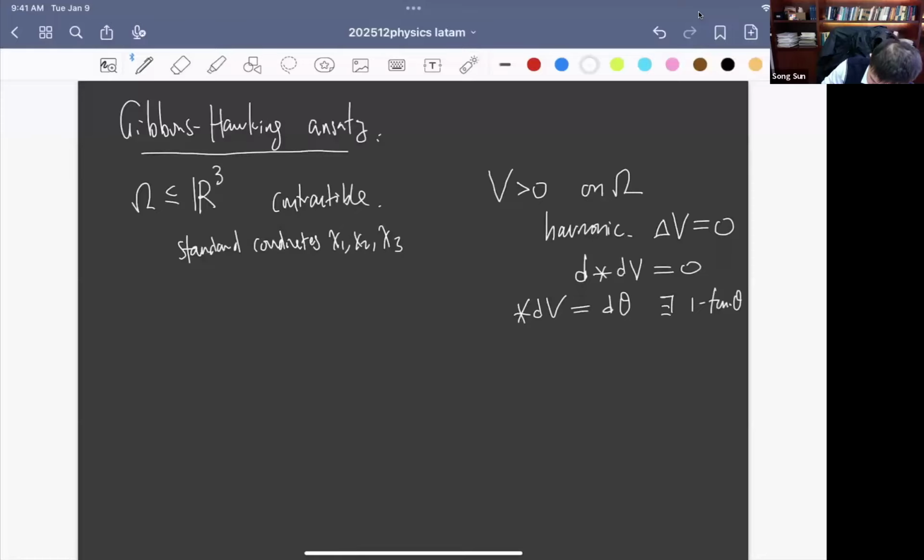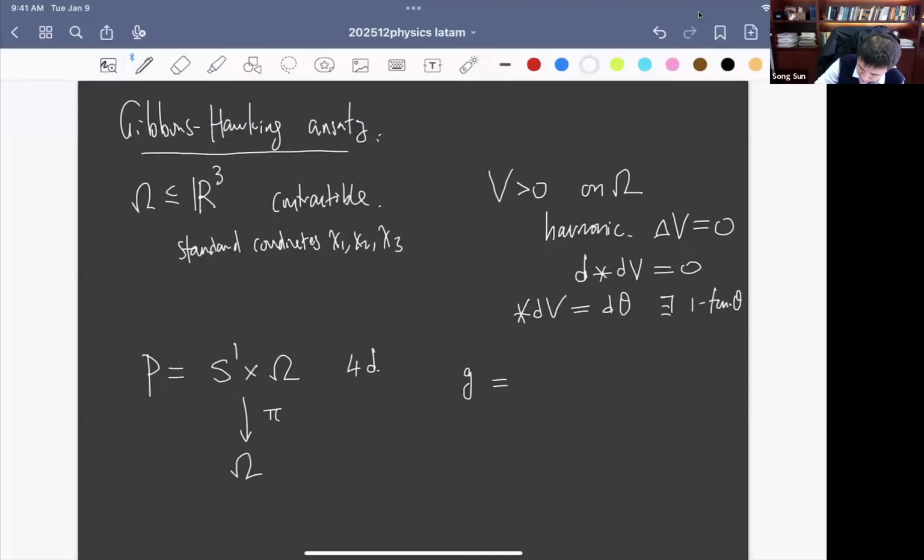Pick this. And then we work on P equals the product S1 times omega. This is a four-dimensional space. It has a standard projection to omega denoted by pi. So we write down a Riemannian metric G on P. It is very simple.